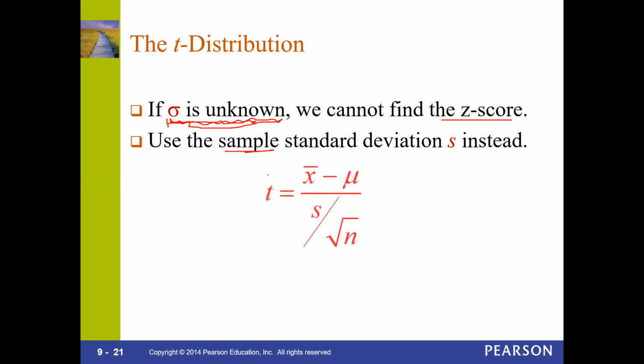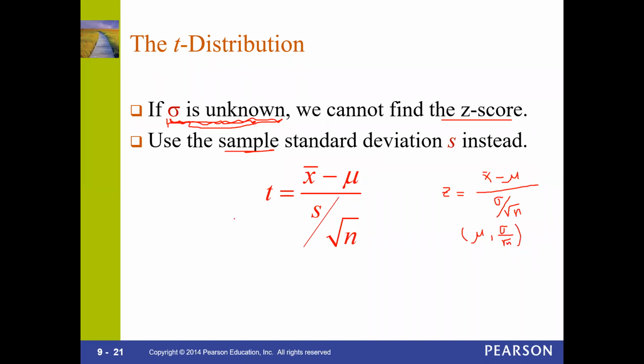Okay, so this is the formula for the t-distribution, kind of the same thing. As you can remember, for the z, it goes like this as well: x bar minus mu over sigma over square root of n. For this one, that would be mu, and then sigma over square root of n.